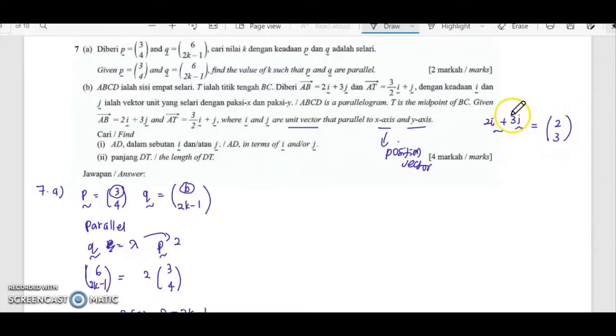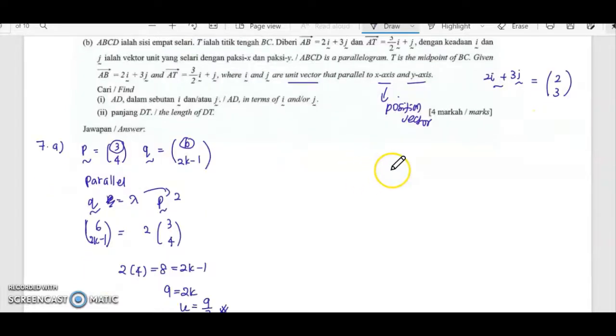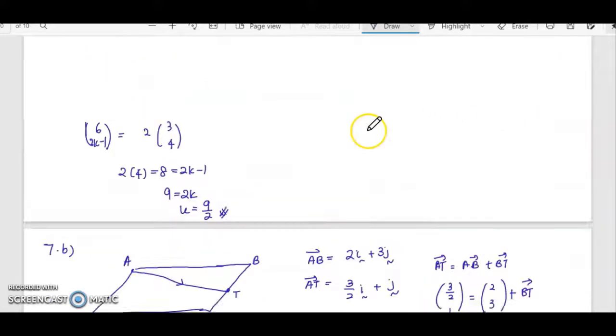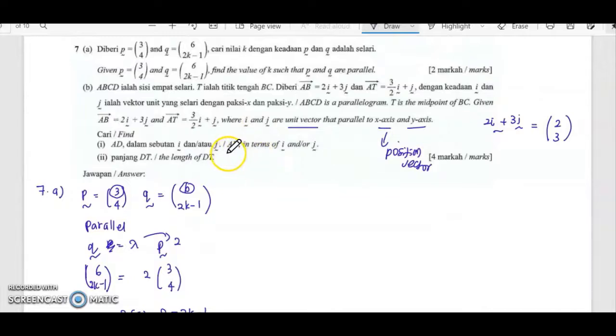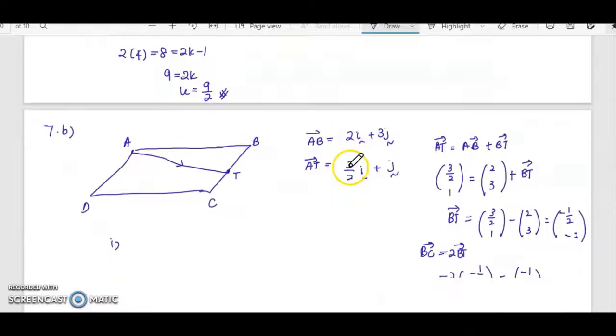The 2 refers to the direction parallel to the x-axis, and the 3 refers to the direction parallel to the y-axis. So, the question asks you to find the vector AD in terms of i and j.